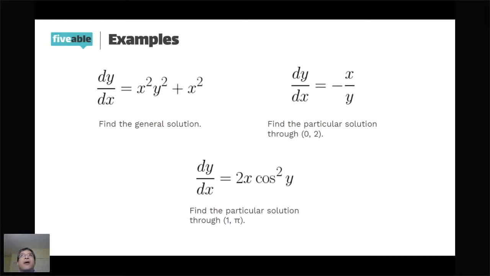So these are the three examples that we're going to work. All of them have a little bit of a trick to them.